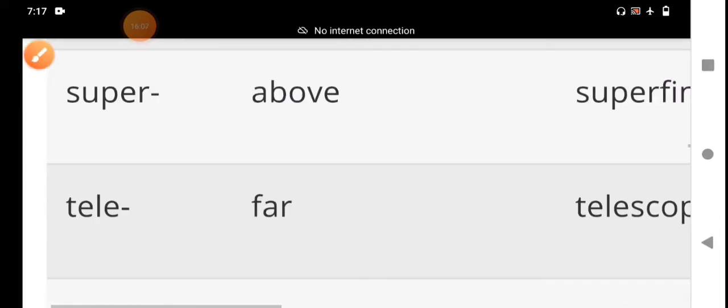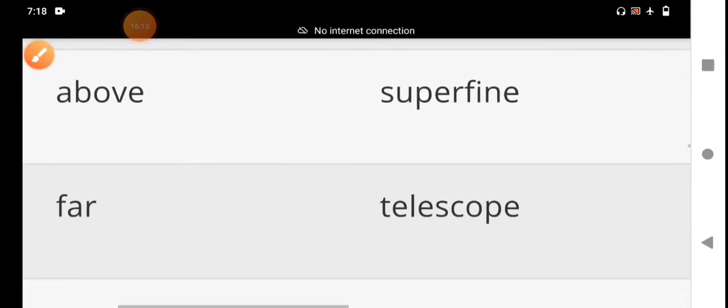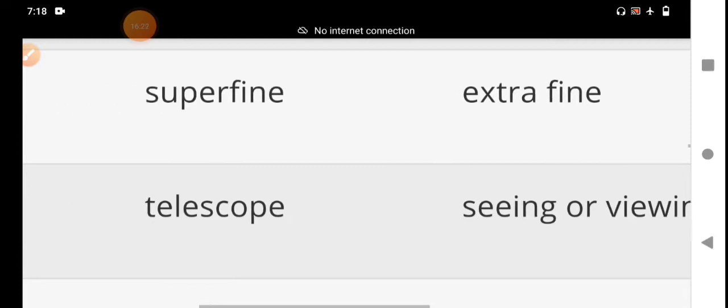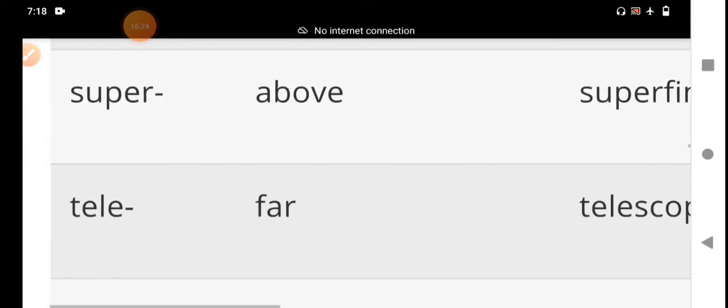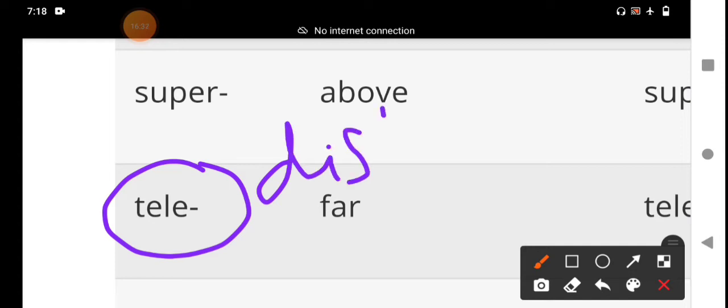And then we go to tele. What is the meaning of tele? Tele means far, or distance. Telescope means seeing or viewing afar. Tele means distant, far away.